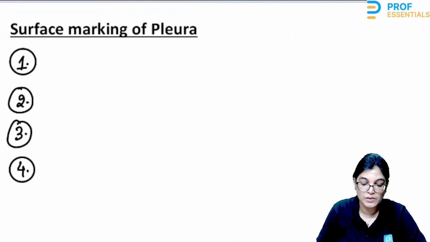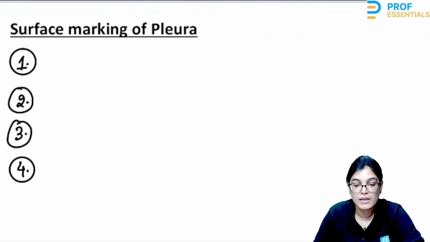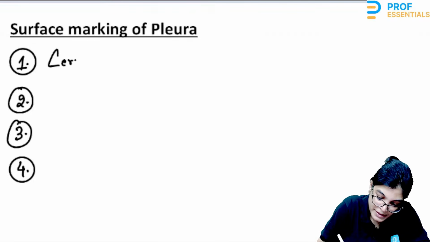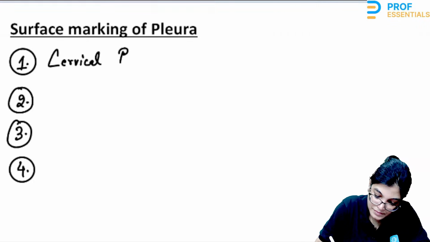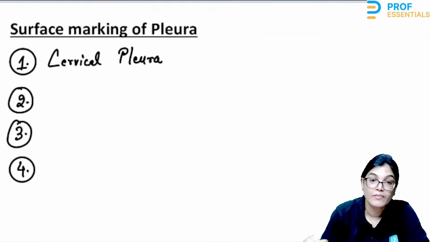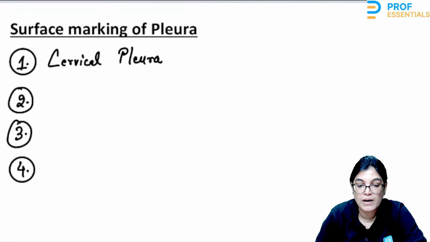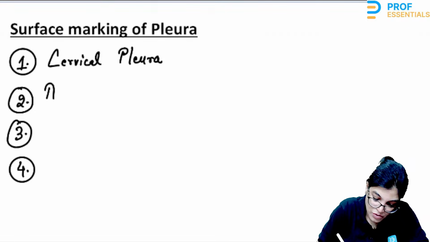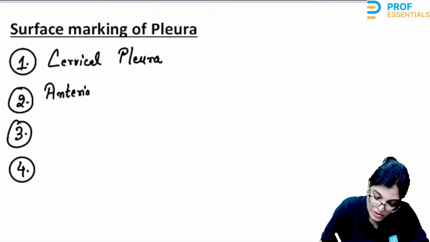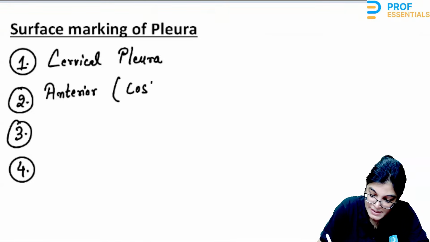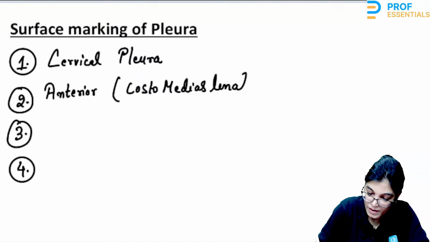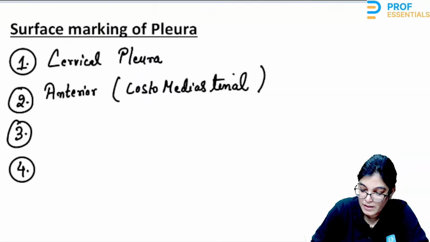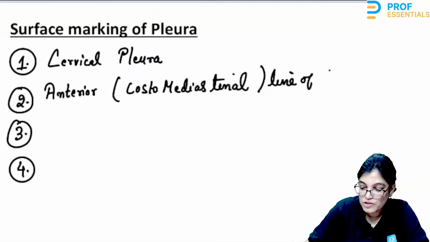So we will have to know about cervical pleura marking. Then we have to know about the anterior line of pleural reflection, also called the costomediastinal line of pleural reflection. Then the inferior or costodiaphragmatic line of pleural reflection.